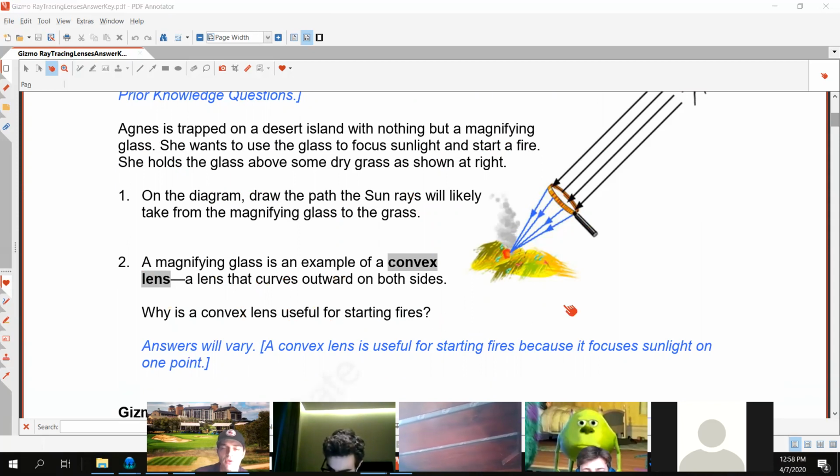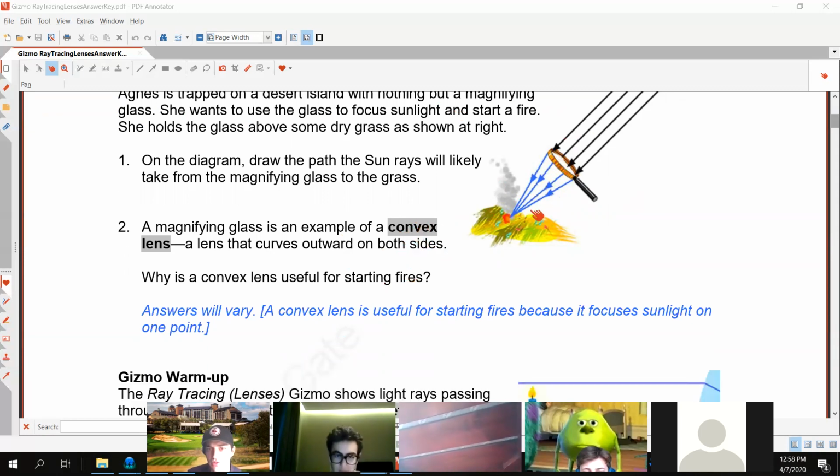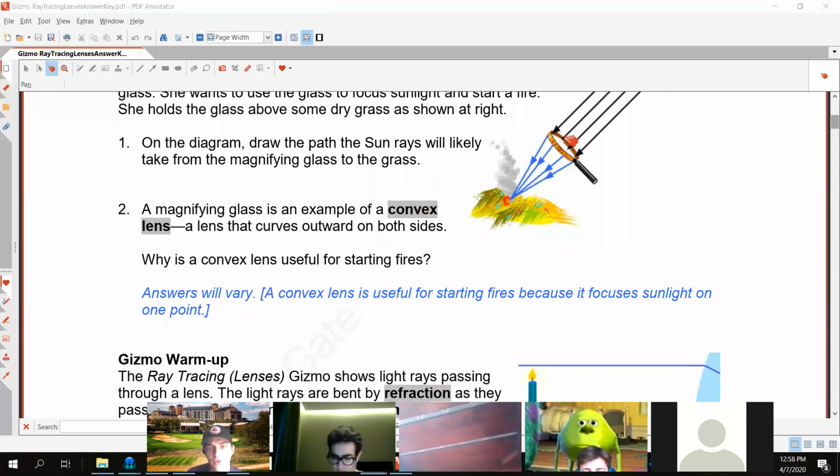The answer that I'm looking for is because convex, remember we talked about convex with the V, the rays will converge. Whereas if we have a concave with a C, they will diverge, where C and D are close in the alphabet and V and V are the same letters, so they pair up together. So convex, converge, and concave and diverge, okay? Just a useful little anecdote for you guys to remember the difference between the two.